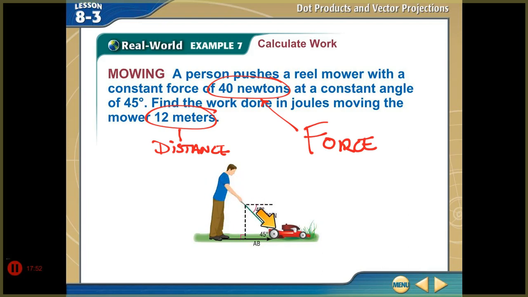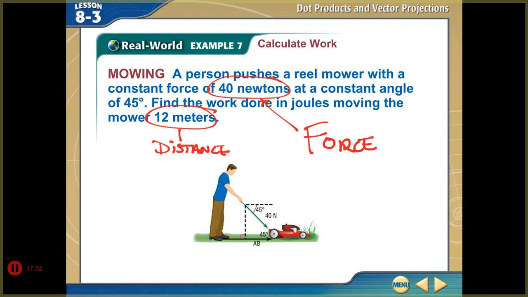That's my force. And not all of that 40 newtons is actually moving it in the angle that I want to go, along the distance that I want to go. You can see that AB is down here, and that is going across. So while that distance is 12, we need to figure out how much goes in there. This one is a little bit easier because it's given us our angles.